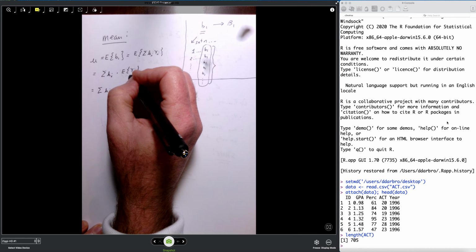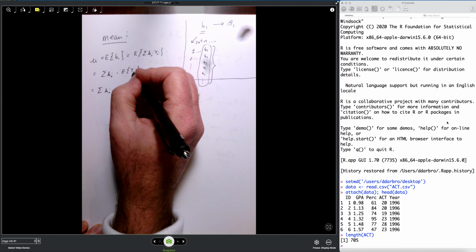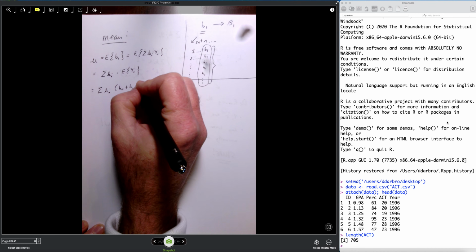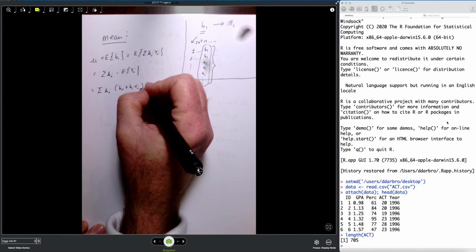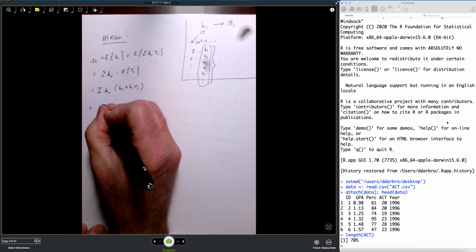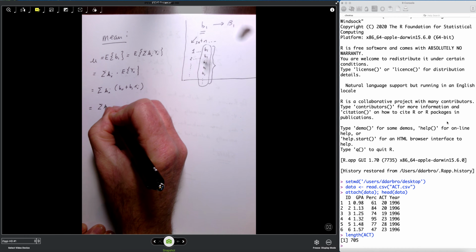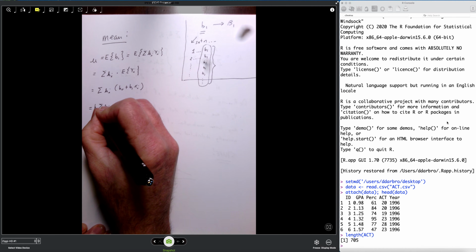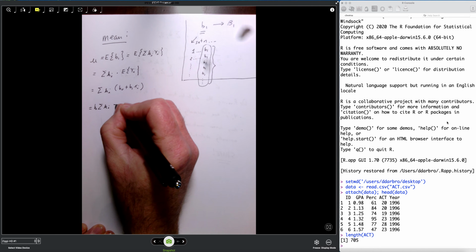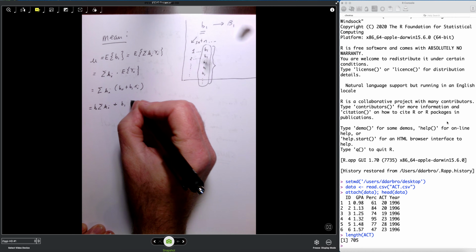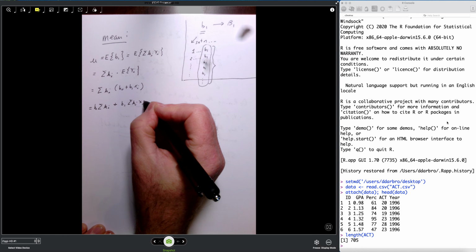The expected value of the y sub i's is just beta 0 plus beta 1 x sub i, which is distributing the k sub i's, beta 0 plus beta 1 times the sum of the k sub i's x sub i's.